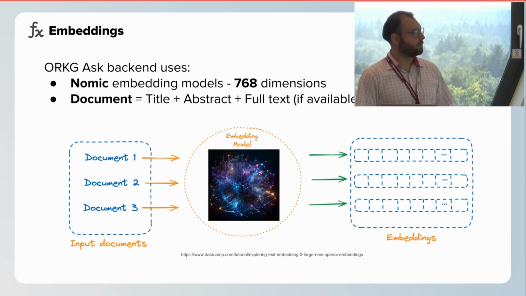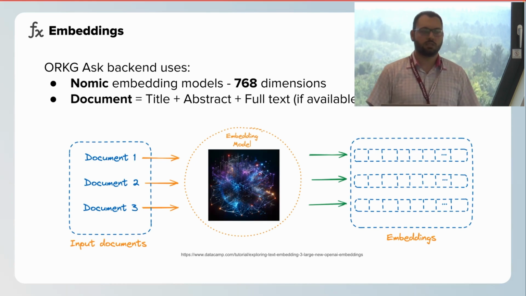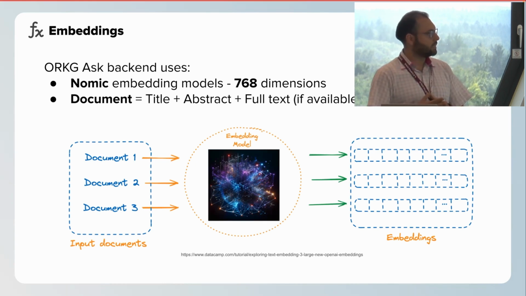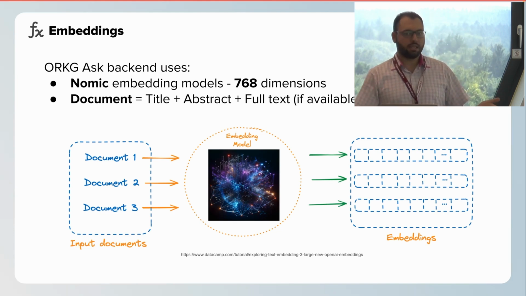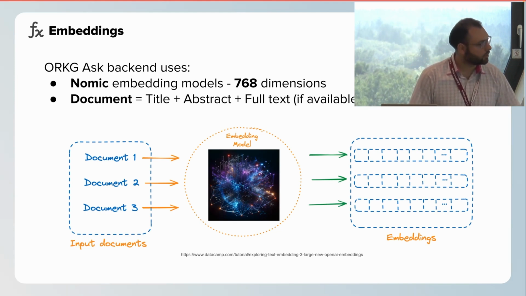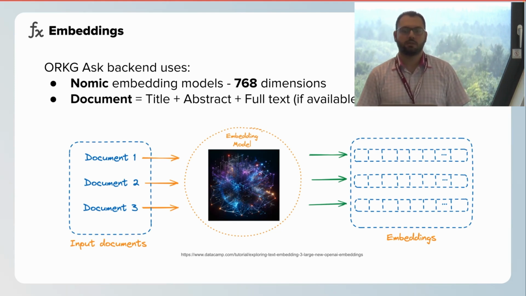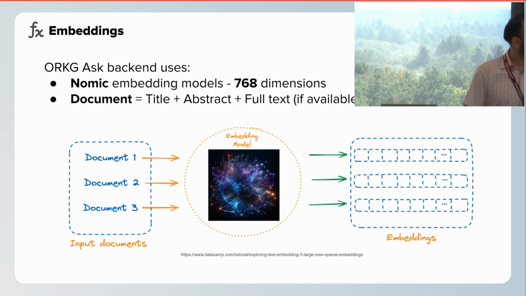And in order to be able to do some search on top of these documents, we first need to make them more semantically accessible in the sense that we create these embeddings. And again, the embedding is just a vector here. In our particular case, it's a vector of 768 dimensions. And the way we create the vector for the document is as I have it here.